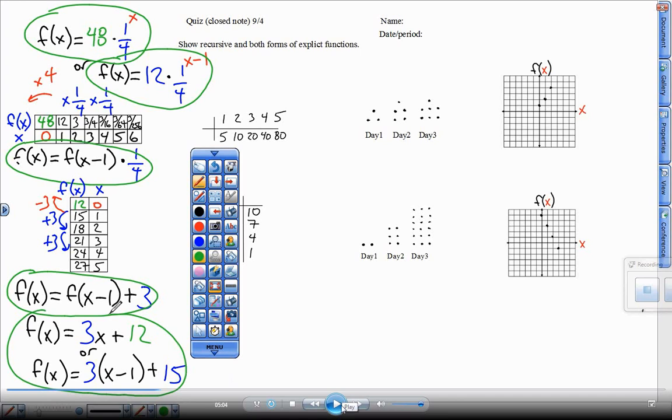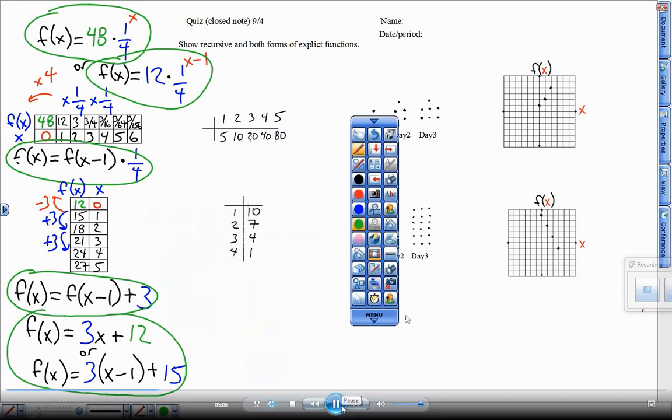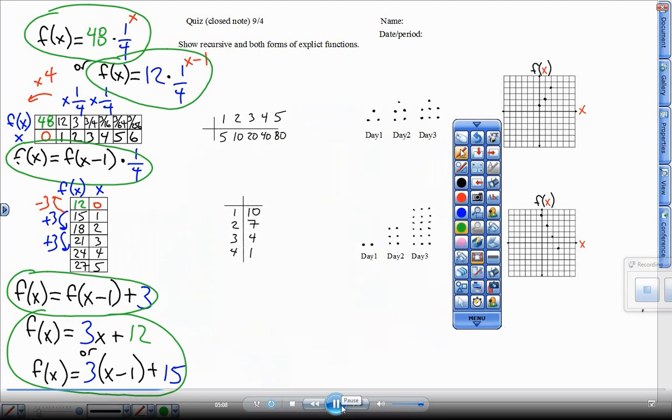All right, the next problems. Again, label and know the numbers going up by 1 are x, and the other numbers are your y numbers or the f of x. So you're focusing on what's going on between these numbers, not the ones up here.